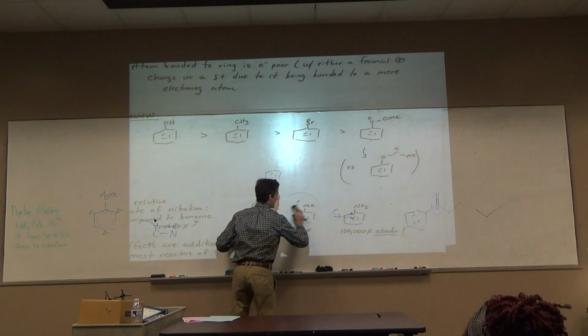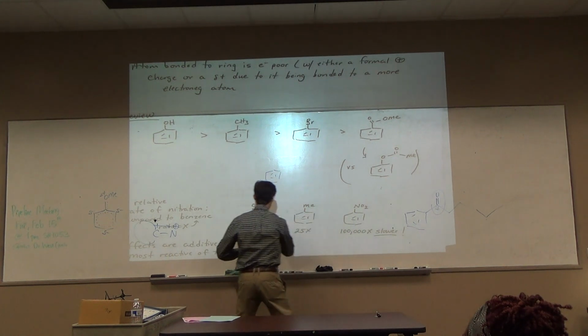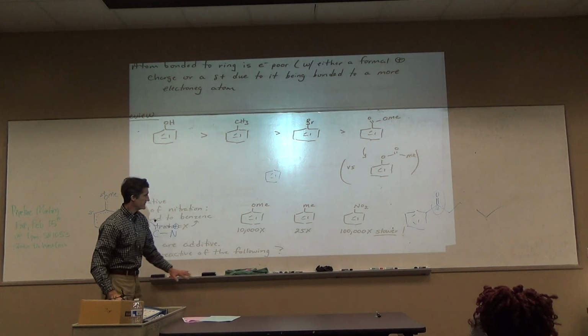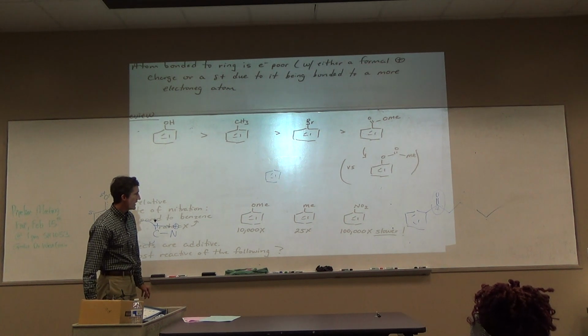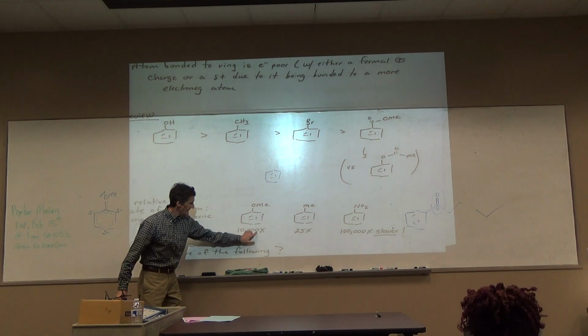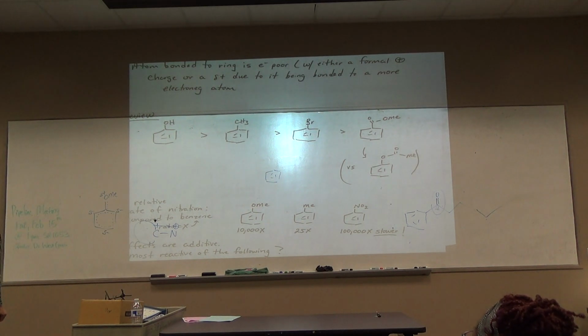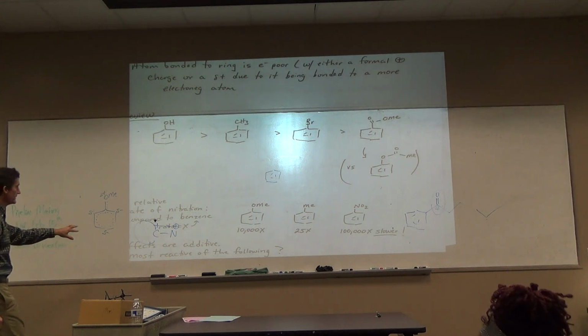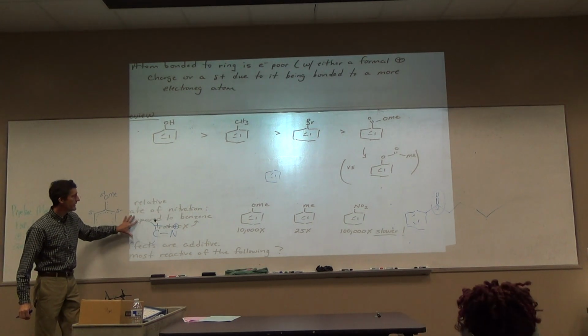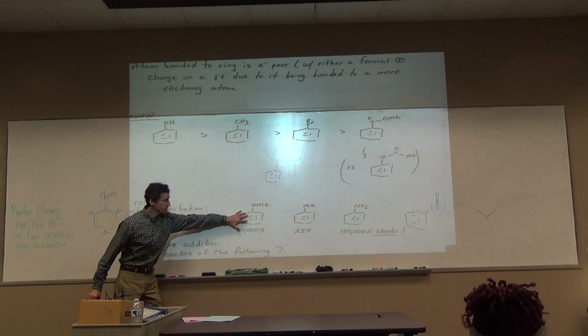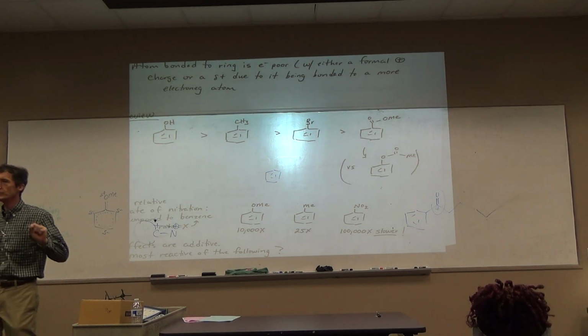Lots of rate data is available to illustrate these things. Anisole is 10,000 times more reactive than benzene towards an EAS reaction. Actually, specifically, this is for nitration compared to benzene. Anisole nitrates 10,000 times faster than benzene.